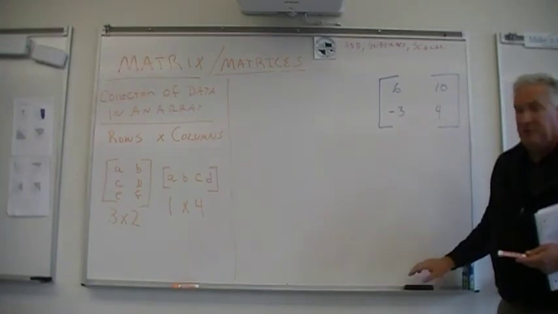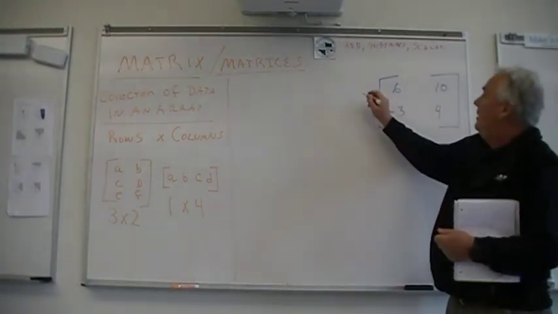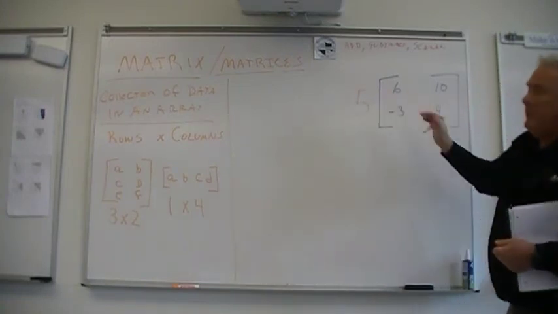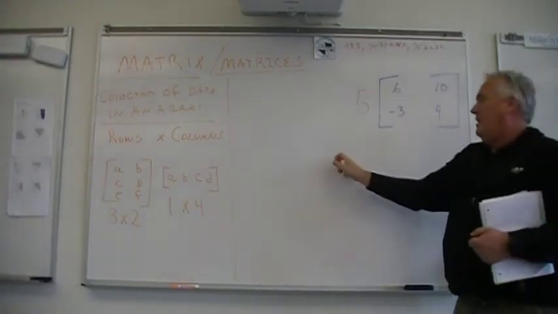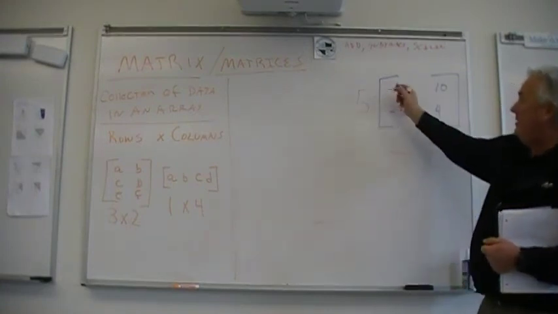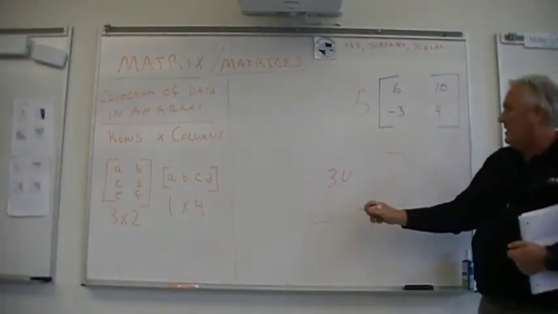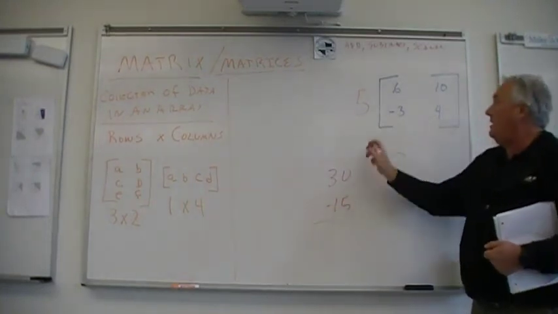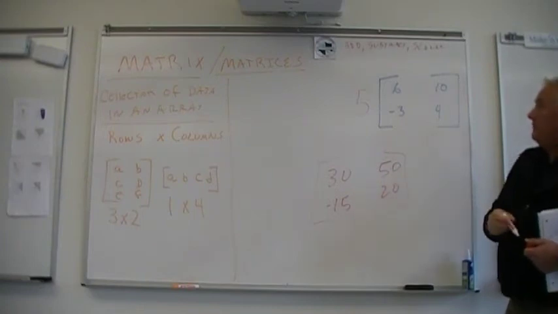What if this matrix was multiplied by a number on the outside, like 5. So 5 times this. And as you can imagine, 5 times 6 is 30. 5 times -3 is -15, 50, and 20.